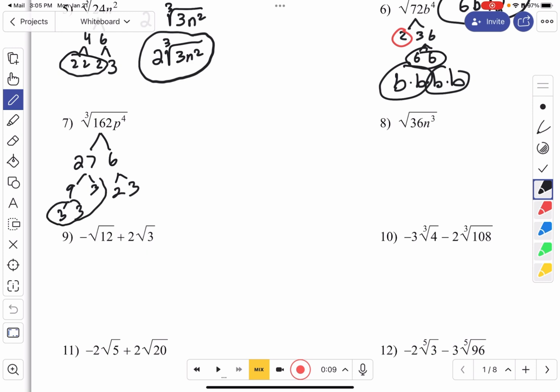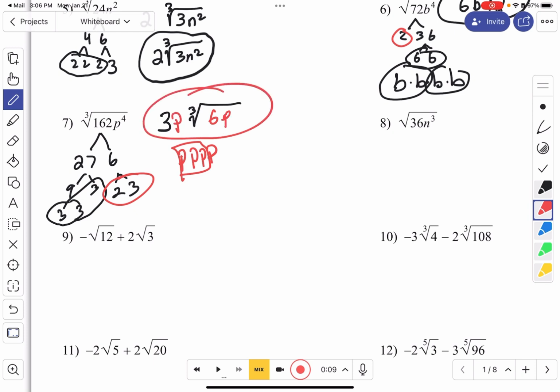So we're looking for 3s. There's one group of 3, so that can come out. For the cubed root, we've got 2 and 3 that don't have partners. Since the 2 and the 3 don't have partners, 6 has to stay inside. If we look at the p's, we've got 4 of them. That makes one grouping, so 1 can come out. We've got 1 left, and 1 stays underneath. You're done.